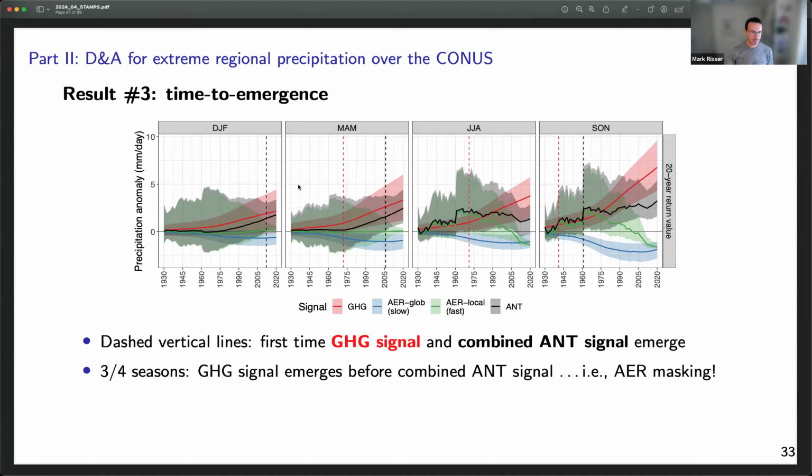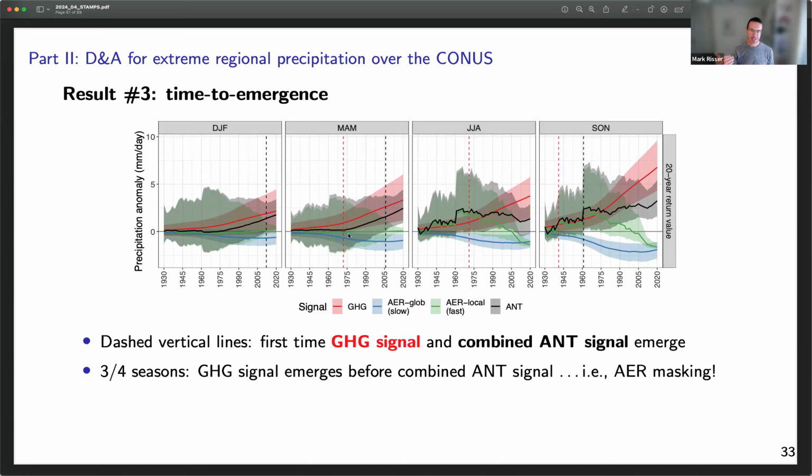In wintertime, maybe something else is happening, but in the other three seasons, we're having a very interesting result, which is that the greenhouse gas signal, that red dashed line, emerges before the combined anthropogenic signal. So if you're looking at just the black curve, you might not be able to detect any changes, but when we pick them apart, we can see that the greenhouse gas signal actually emerged quite a bit earlier than might have been thought otherwise.